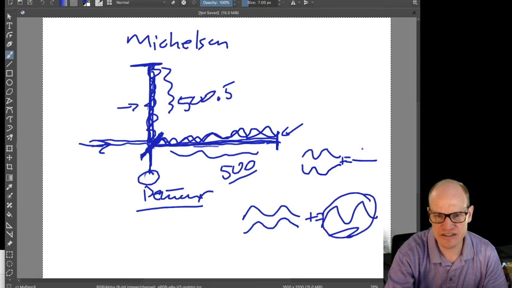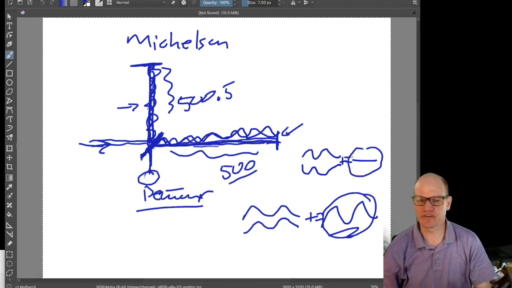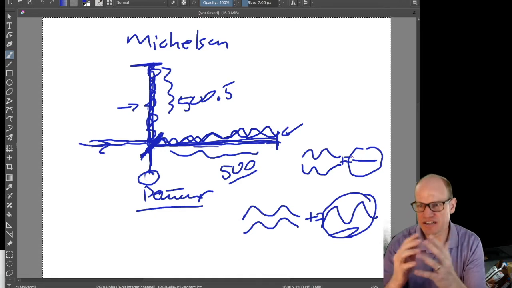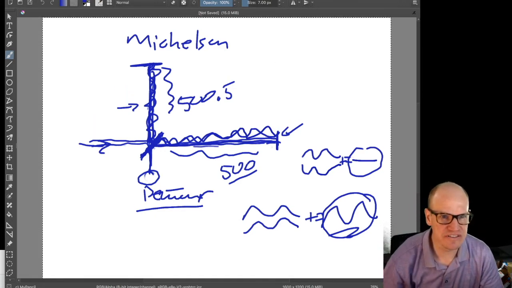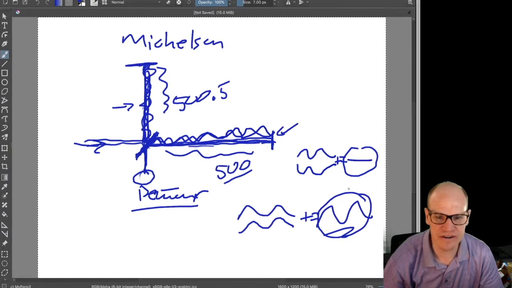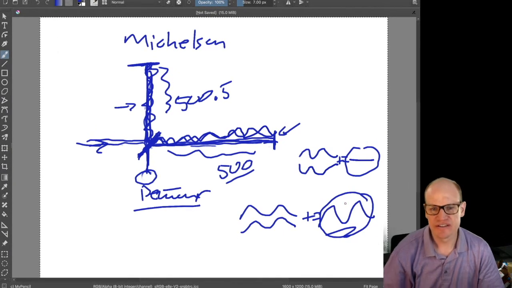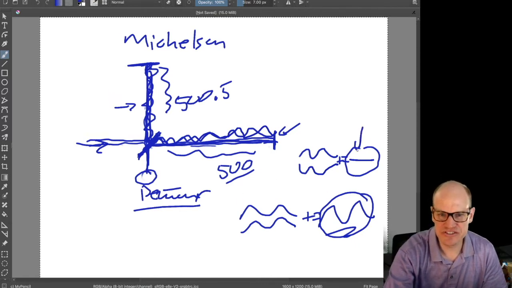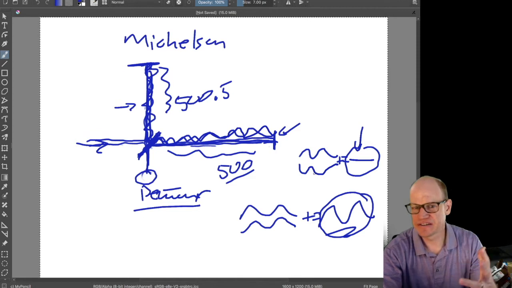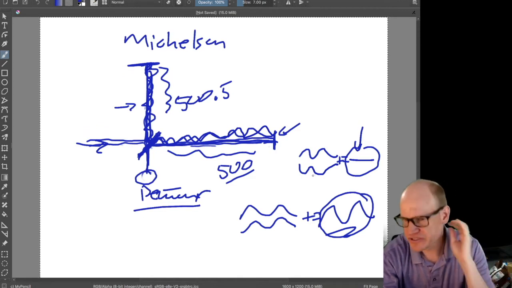These two things added together give you something that adds destructively, and so there's no signal. When you have arm lengths that differ by half of a wavelength, you get destructive interference like this, and you get what's called a dark fringe.